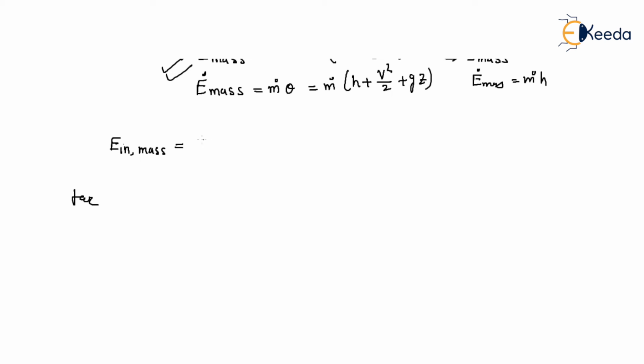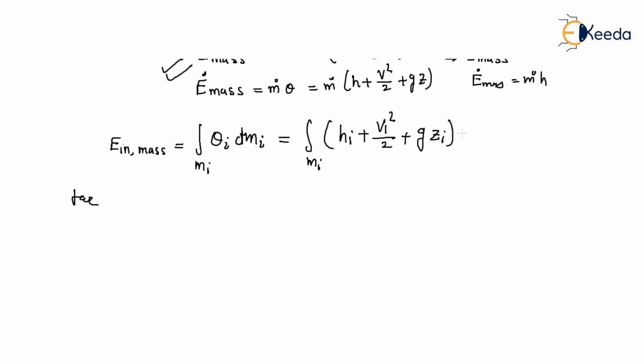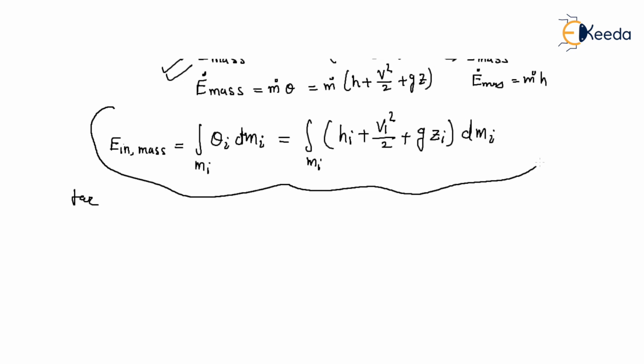Integral of theta i d m i, which is the integral of h i plus v i square by 2 plus g z i d m i. This is the total energy carried by the mass, right?